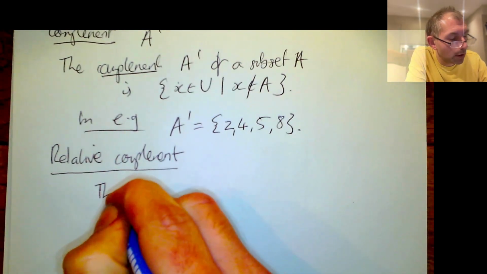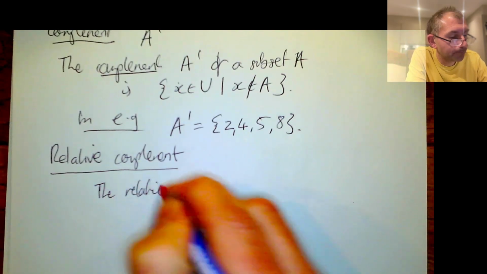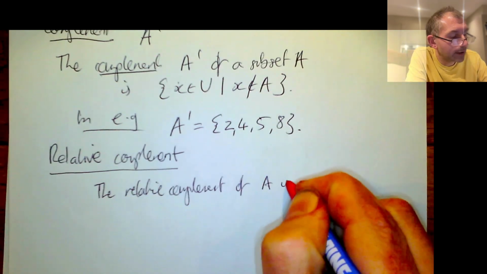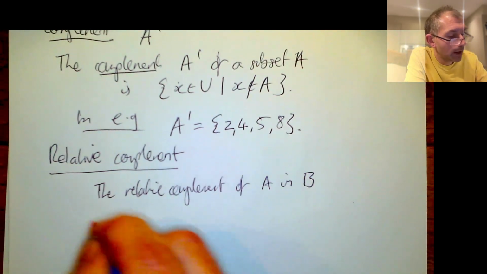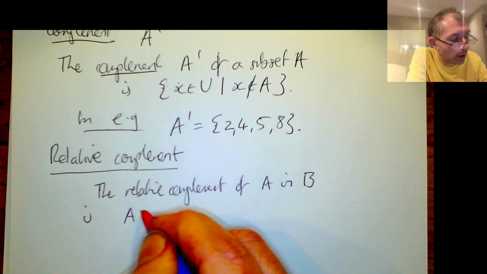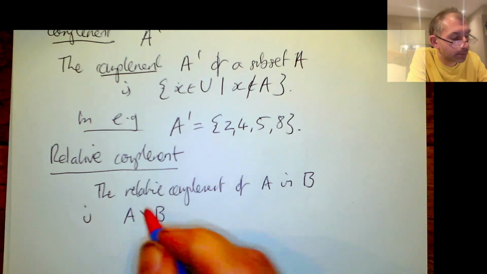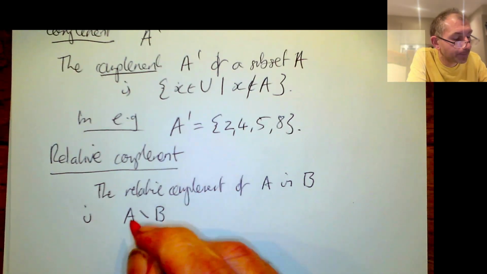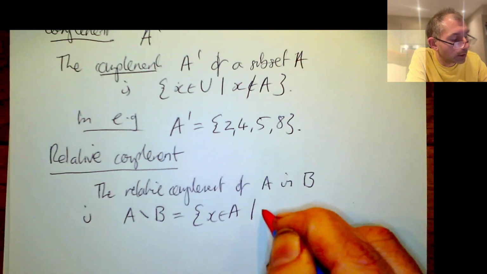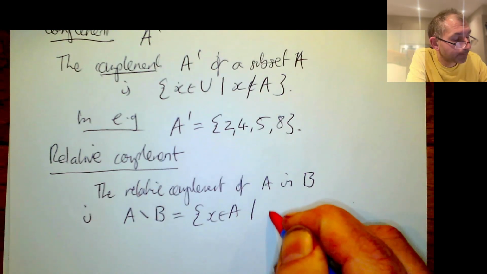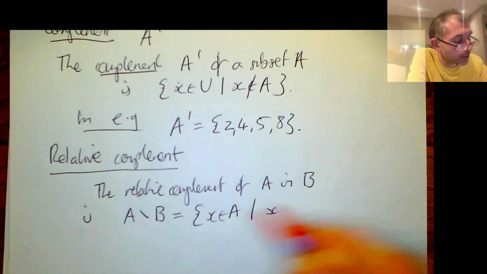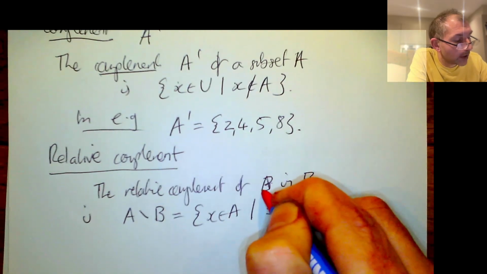So the relative complement of A in B is written A, I think this is a backslash, a large backslash, but we maybe call it set minus. A minus B is the stuff in A which is not in B. So this is the relative complement of B in A.